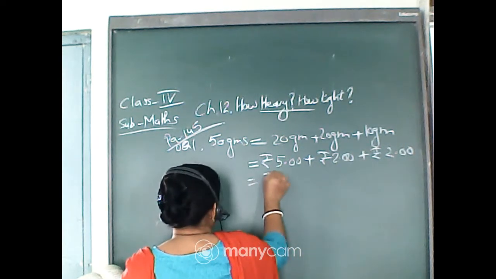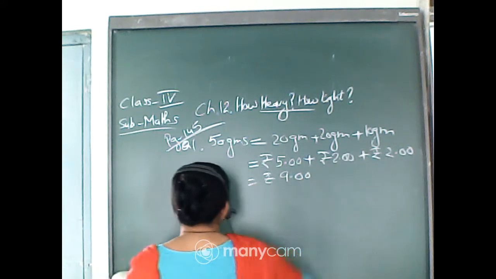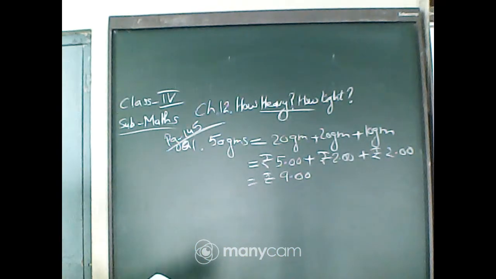Now when you add 5, 7, 9, that means 9 rupees you have to give for stamps for 50 grams. So write it down. Write the calculation also, otherwise you will not be able to understand how the 9 rupees has come.